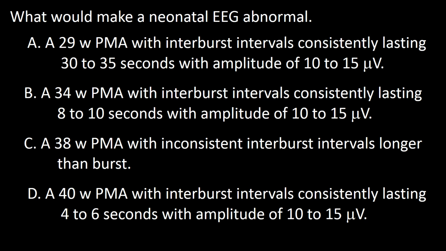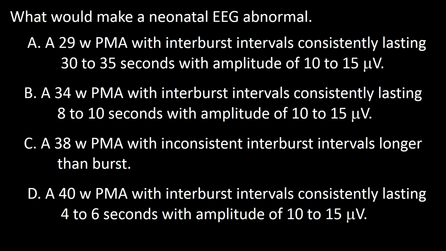Next question. What would make a neonatal EEG abnormal? A. A 29-week postmenstrual age with interburst intervals consistently lasting 30 to 35 seconds with amplitude of 10 to 15 microvolts. B. A 34-week postmenstrual age with interburst intervals consistently lasting 8 to 10 seconds with amplitude of 10 to 15 microvolts.